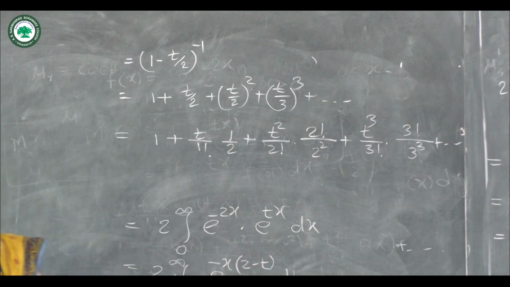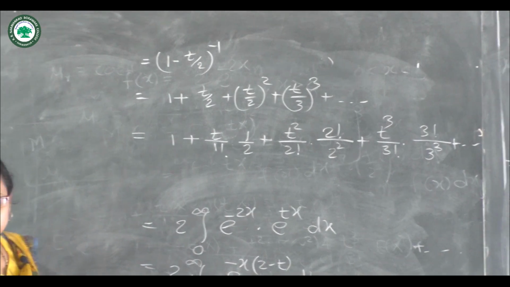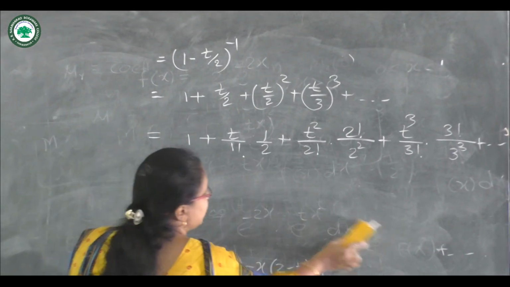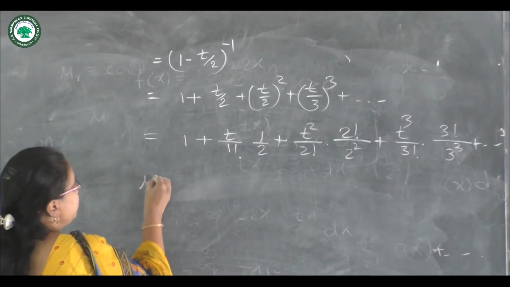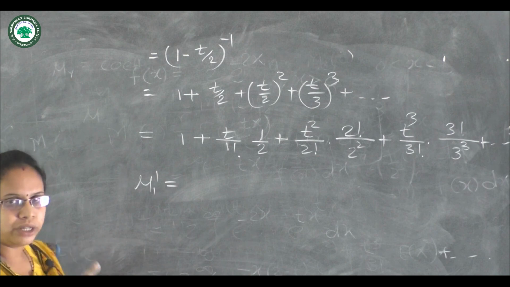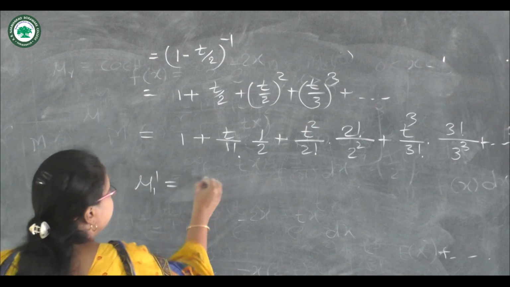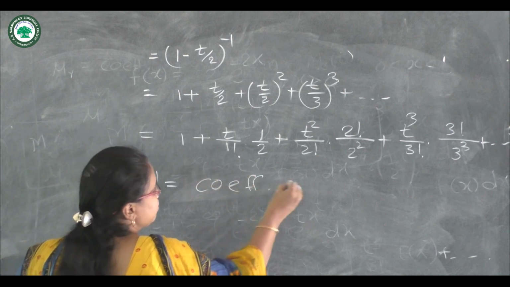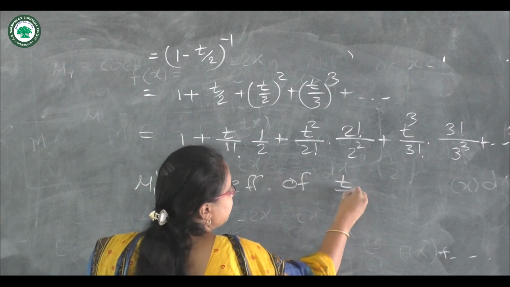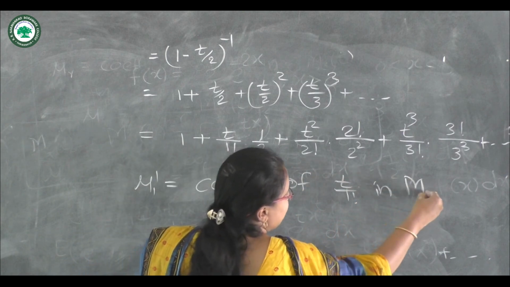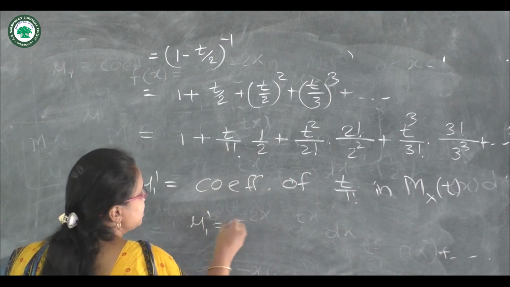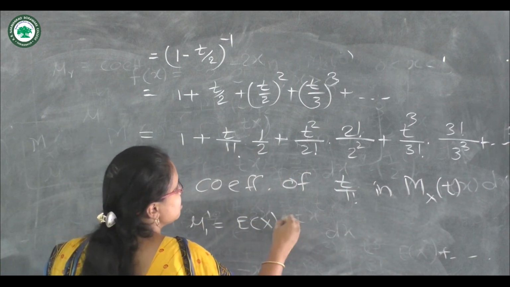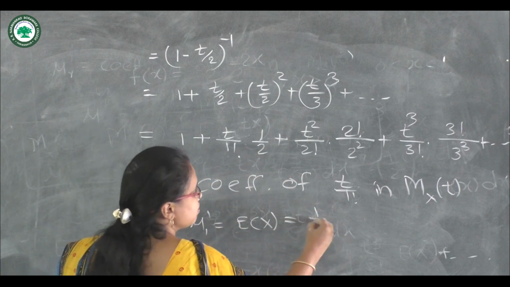I am not writing all the terms here. So let's use the definition. Mu 1 dash is the coefficient of t upon 1 factorial in M_x(t). So here mu 1 dash equals expected x, and it is half.